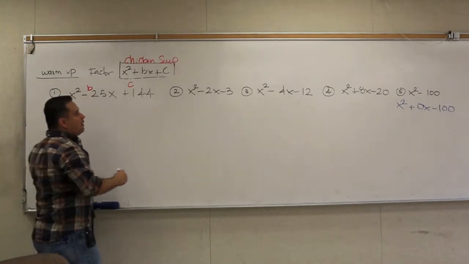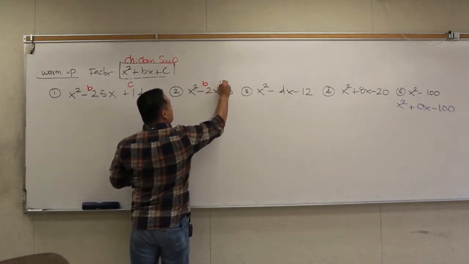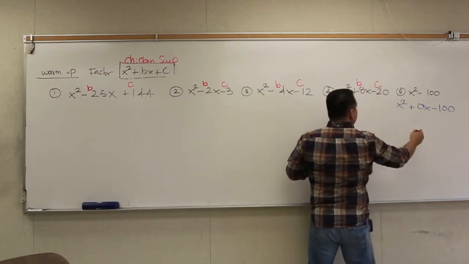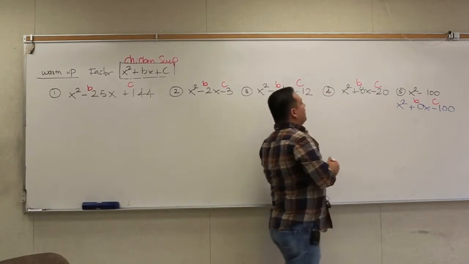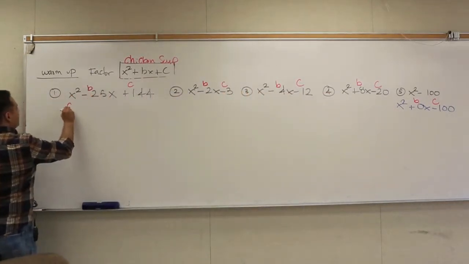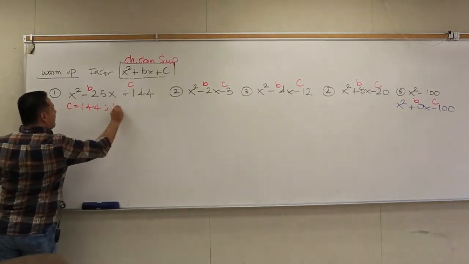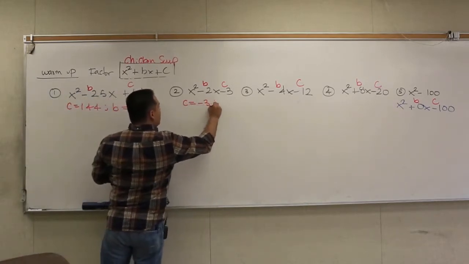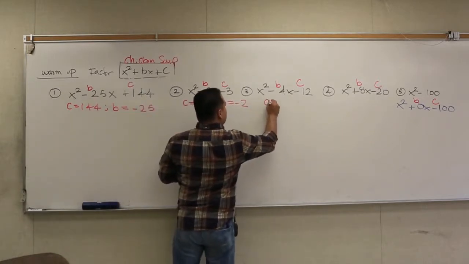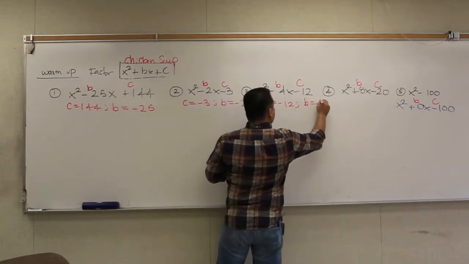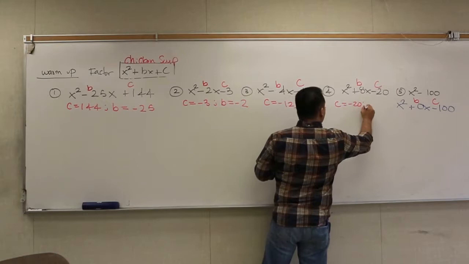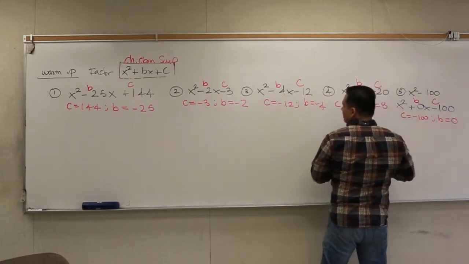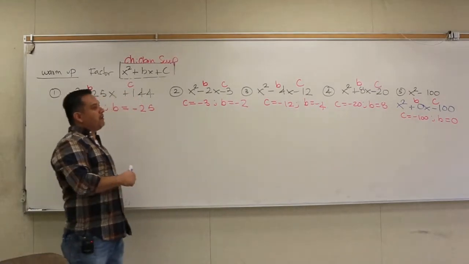So c is 144, b is negative 25. c is negative 3, b is negative 2. c is negative 12, b is negative 4. c is negative 20, b is 8. c is negative 100, b is 0. All right, you okay with these?